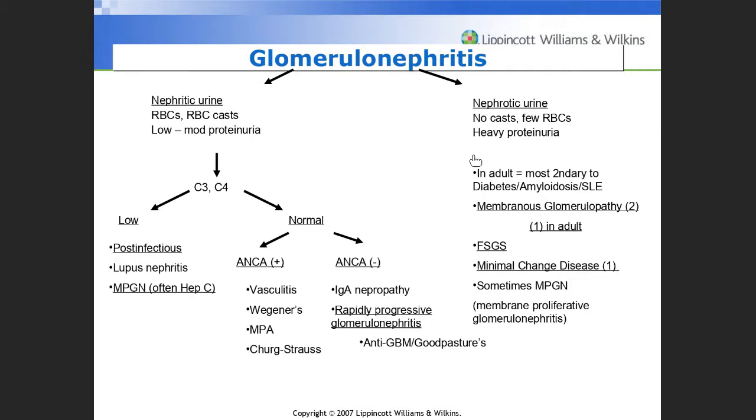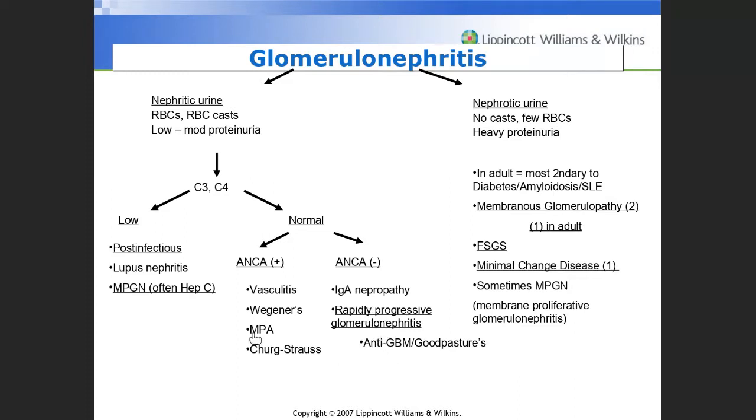In the book, it talks about how rapidly progressive glomerulonephritis is part of the nephritic syndrome. Oftentimes what you see there is the arc present, which I told you about already, the crescent shape. Rapidly progressive glomerulonephritis can cause a number of things.